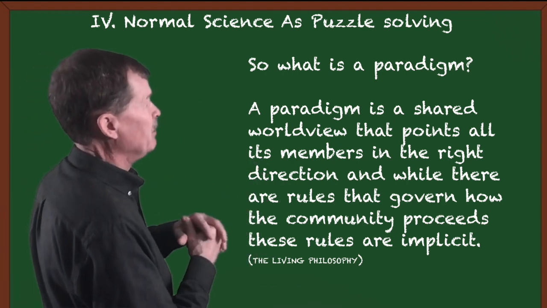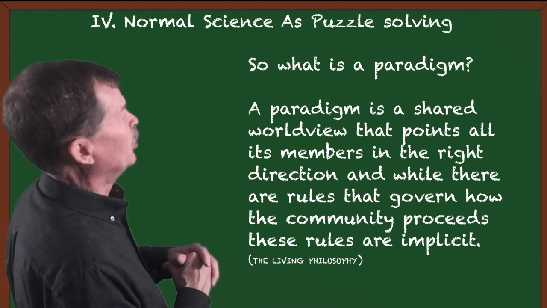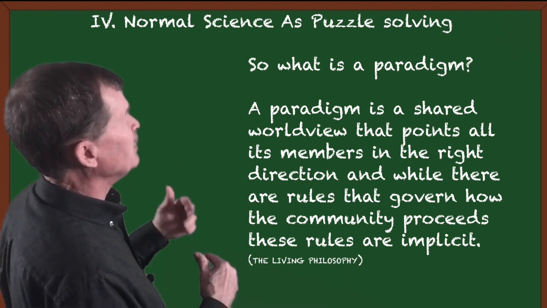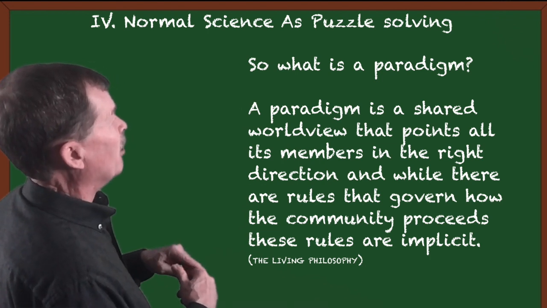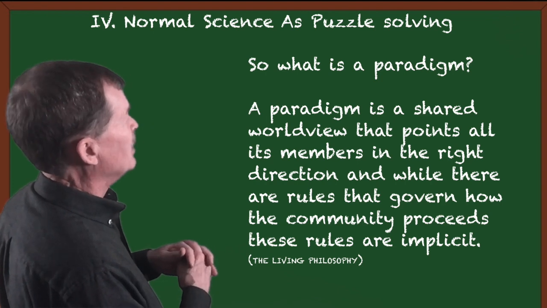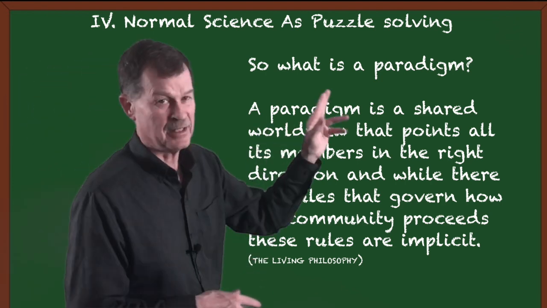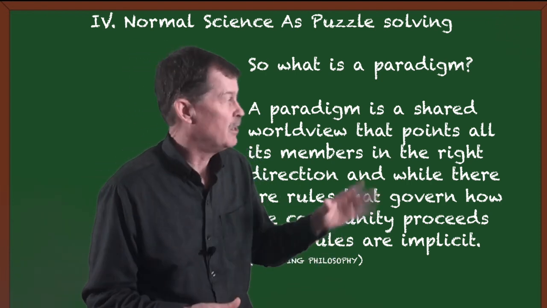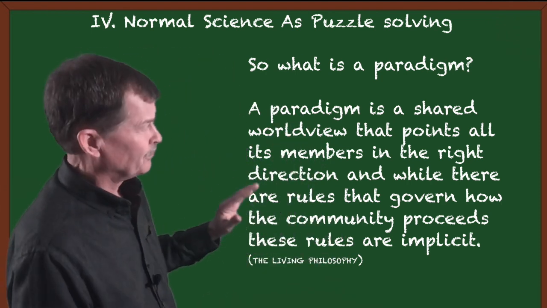He says a paradigm is a shared worldview that points all its members in the right direction. And while there are rules that govern how the community proceeds, these rules are implicit. So in other words, they aren't stated. They aren't directly, but the worldview is.